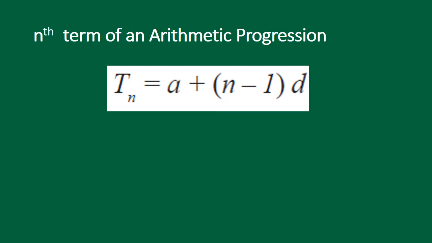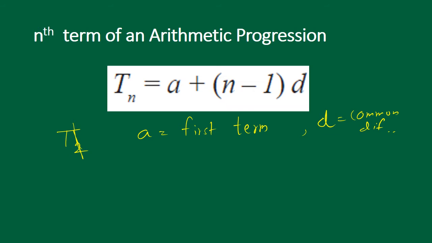T1, if you are looking for T2, you know T1 is a, right? a is the first term, you always have the first term, right? d is the common difference, and n is the term number.